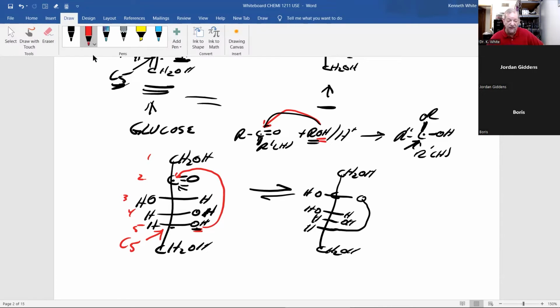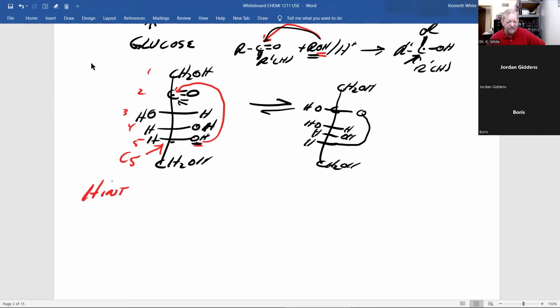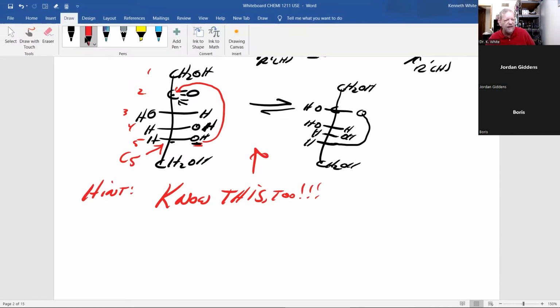And that's why I took the break earlier, because this is long, a lot of stuff. And once again, you should know this also. This is fructose.